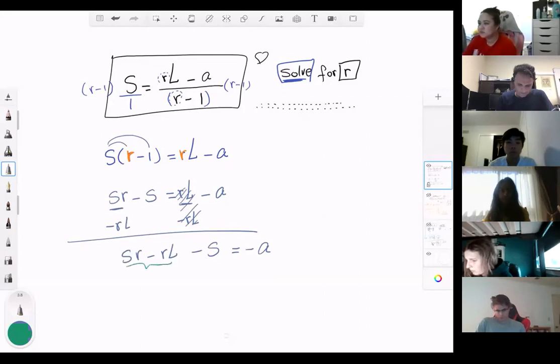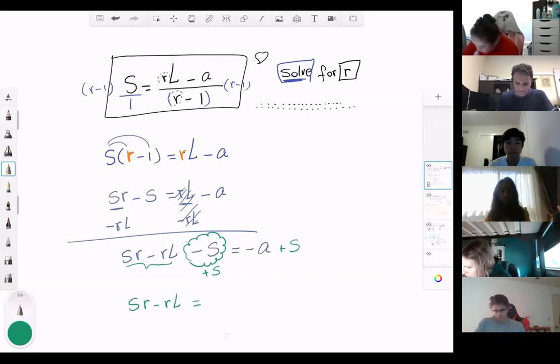Now I can get rid of the minus S by adding S to both sides. I have SR minus RL equal to S minus A, or minus A plus S. Now how do I solve for R? I need to factor it.